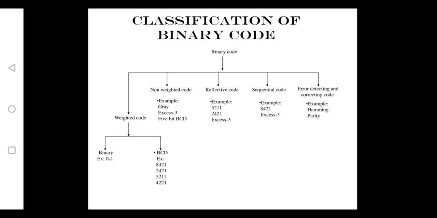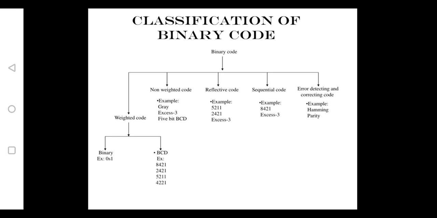But if we want to represent 10 in BCD, as it consists of two digits, 1 followed by 0, we need to write 1 equivalent with 4 bits and 0 equivalent with 4 bits. 1 in binary is 1, but as we need to represent it with 4 bits, append 3 more zeros.